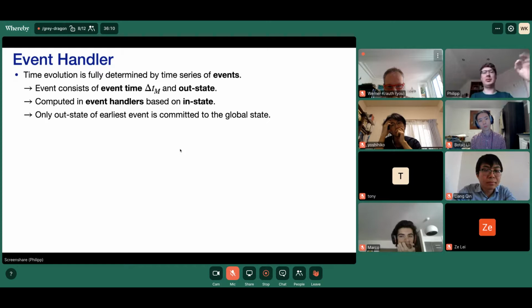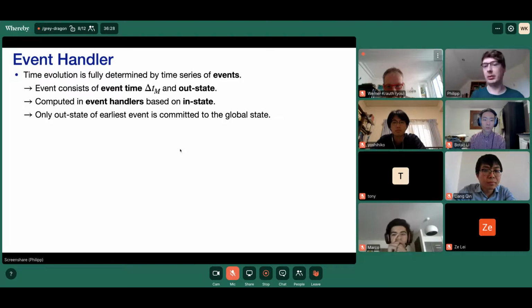So there I displaced my active particle by the candidate event time times its velocity, and I changed the velocity to the target particle. Of course, I compute several events in several event handler instances, and only the out state of the earliest event is then committed to our global state. So the global state really stores the full configuration of all our particles.